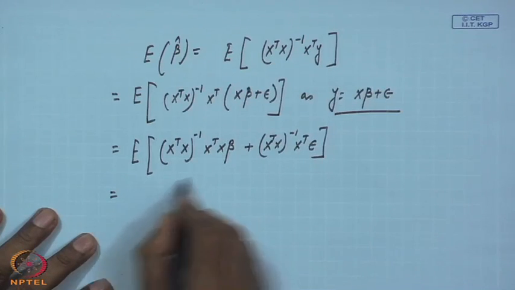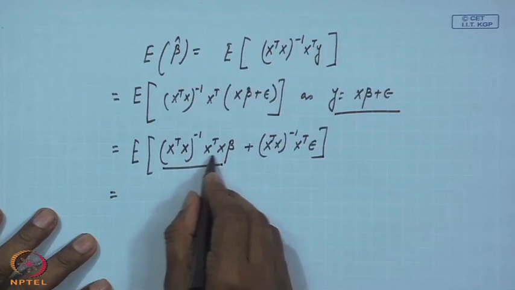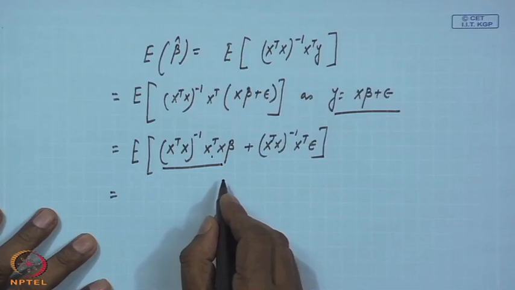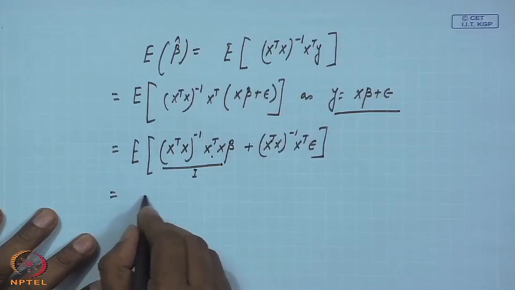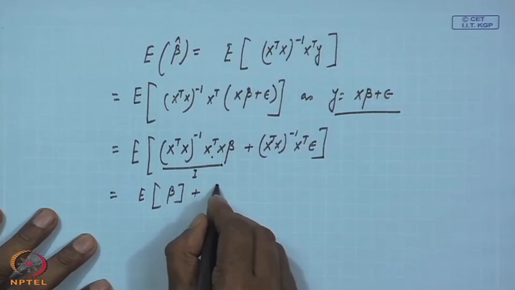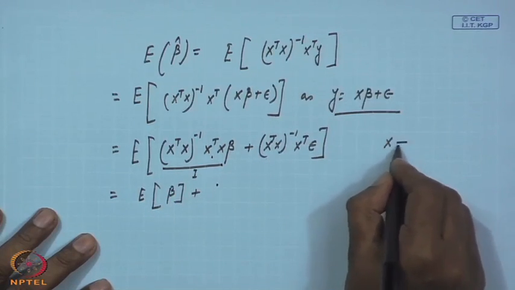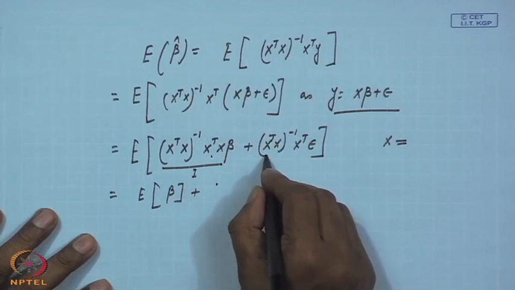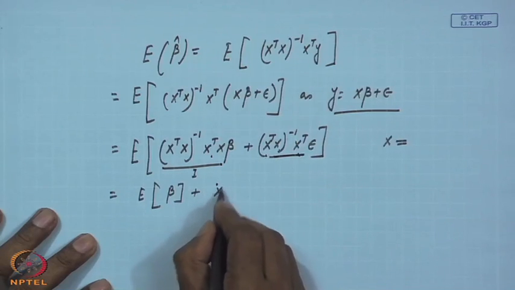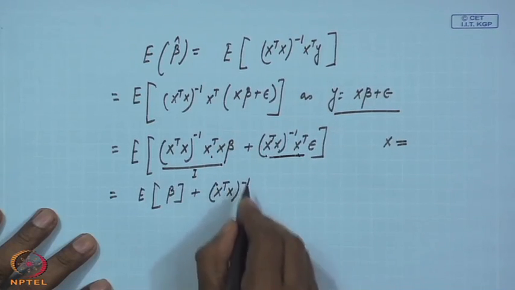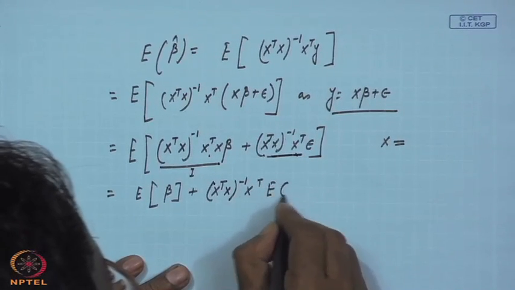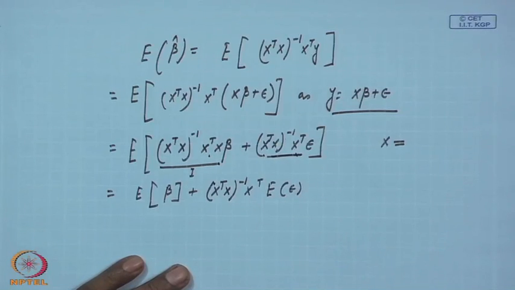equal to, now x transpose x inverse x transpose x, the symmetric matrix inverse symmetric matrix, we will get identity matrix I. So, ultimately expected value of I into beta is beta plus, as x, the data already collected, x transpose x inverse x transpose is a fixed quantity. So, we will keep it out from the expectation operator, then we are writing expected value of epsilon.